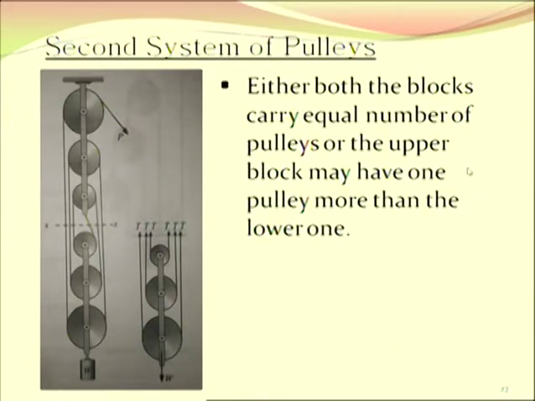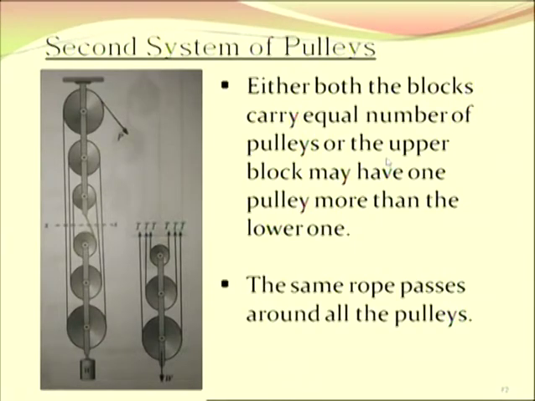Either both blocks carry an equal number of pulleys or the upper block may have one pulley more than the lower one. In normal circumstances we find that the upper and lower portions have an equal number of pulleys. So here it is 3 and 3. But it is possible that sometimes the upper block has more pulleys, so it may have 4 and 3, but here it is 3 and 3.